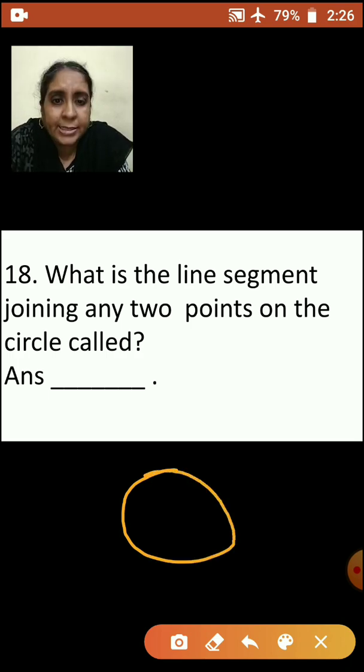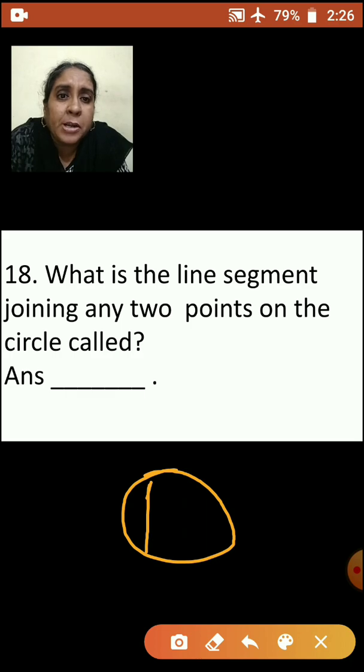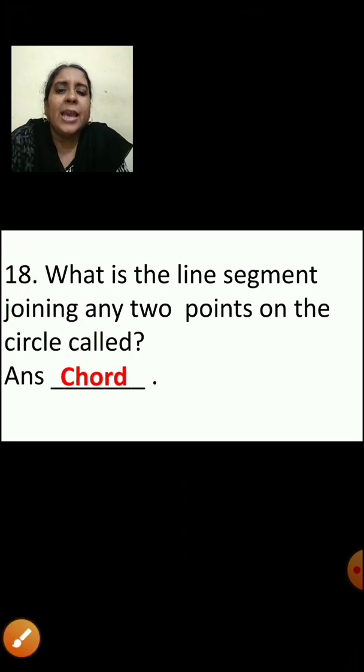Suppose if I draw any 2 points on the circle like this. What is it called, children? What will be the answer? Think and tell me. Yes, it is called a chord, right? Answer is chord.